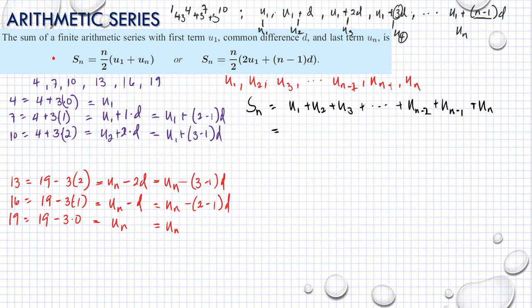If we expand by using all of this now, we have u sub 1, u sub 2 will become u sub 1 plus d, u sub 3 will become u sub 1 plus 2d, and so on.